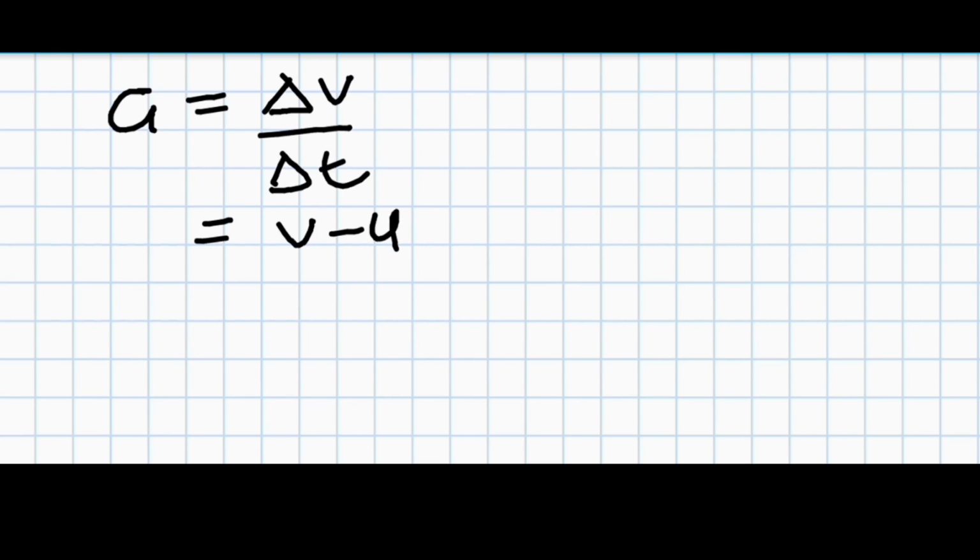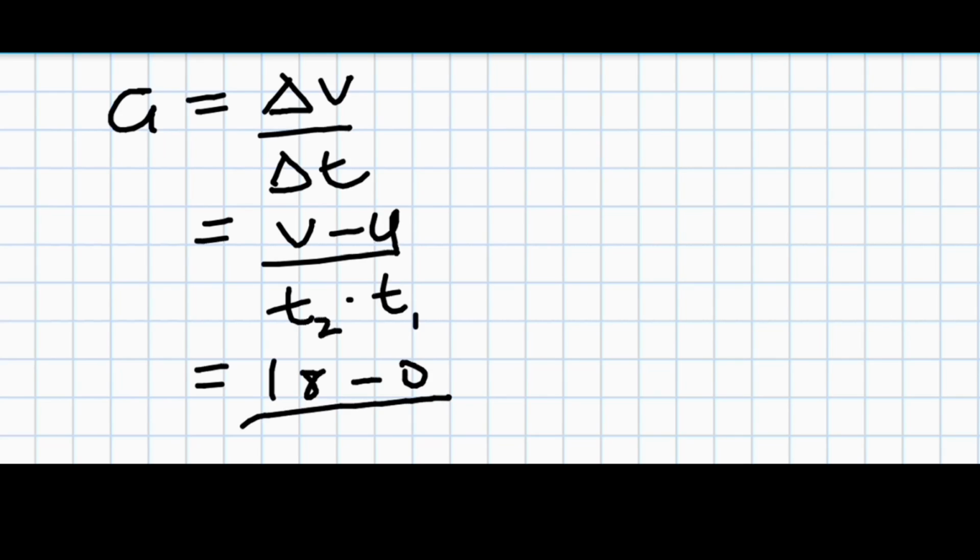So we are going to have that acceleration A will be equal to change in velocity over change in time, which of course becomes V minus U over T2 minus T1, which will be final velocity attained, 18, minus initial velocity 0, all over the time interval, 5 minus 0.